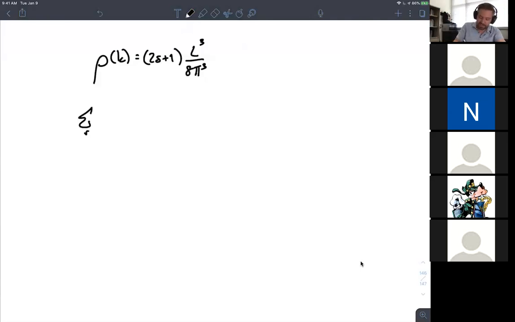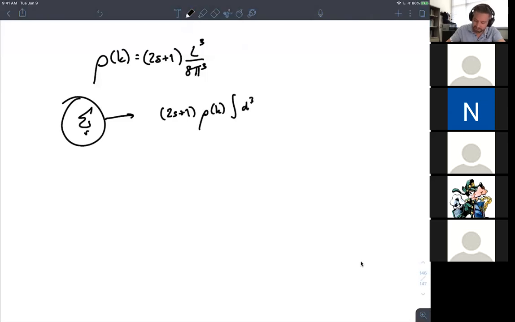What that means is that when we sum over all states, we take what was previously a discrete sum and do an integral. So we're going to replace this sum whenever we sum over all states with an integral that looks like this: 2s plus 1 rho of k integral over k space.